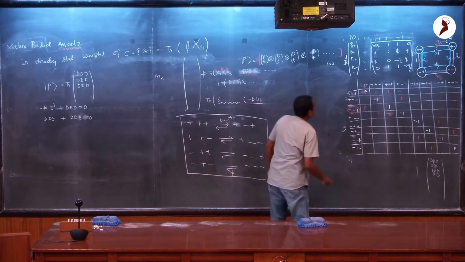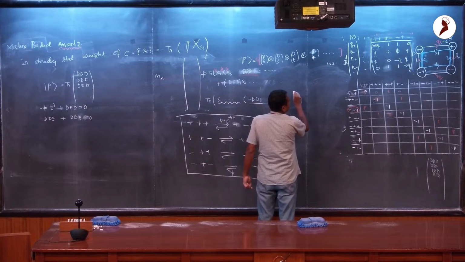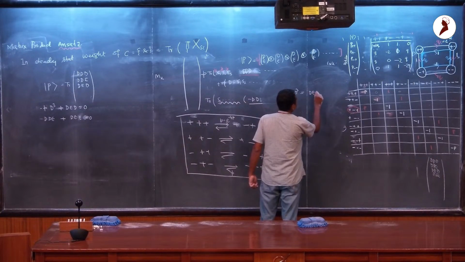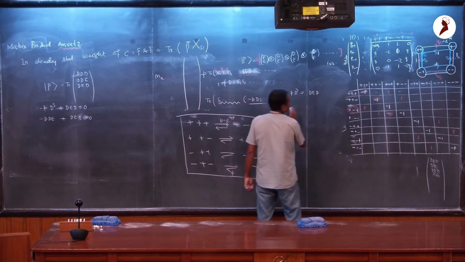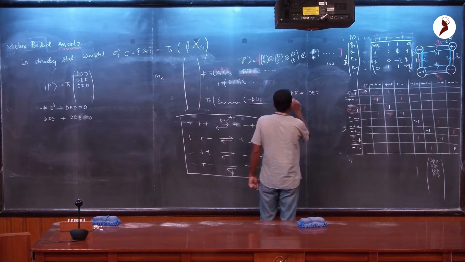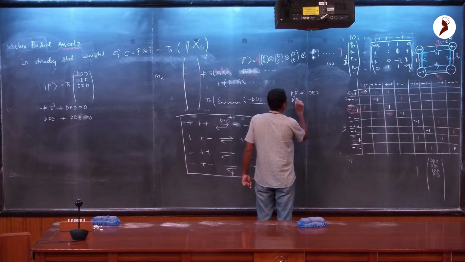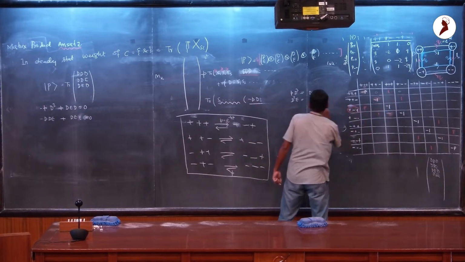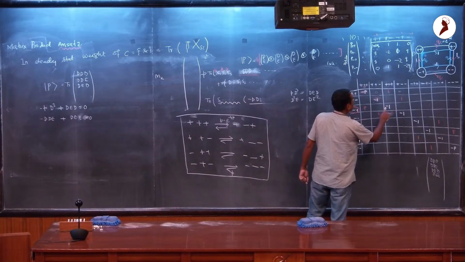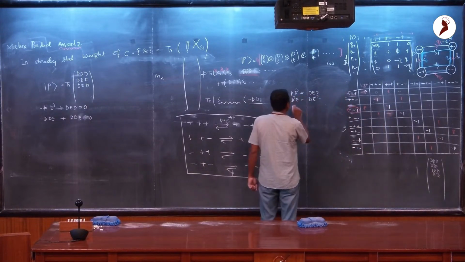So P times dq equal to dEd. From here you get d square E equal to dE square. From here you get dEd.